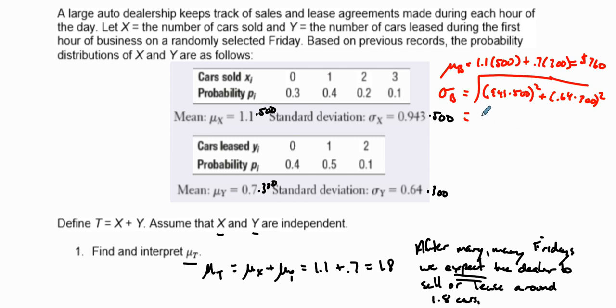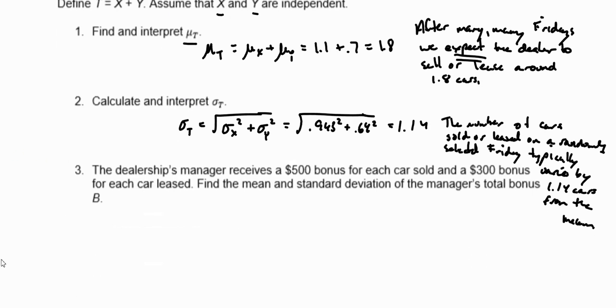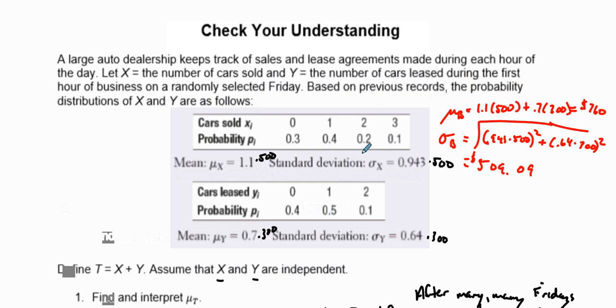And I got about $509.09. So on any given Friday, the bonus typically varies from the mean of $760 by $509.09. And that, my friends, is how we do combinations of different events. I hope this helps you out, and good luck and God bless in the rest of your problems.